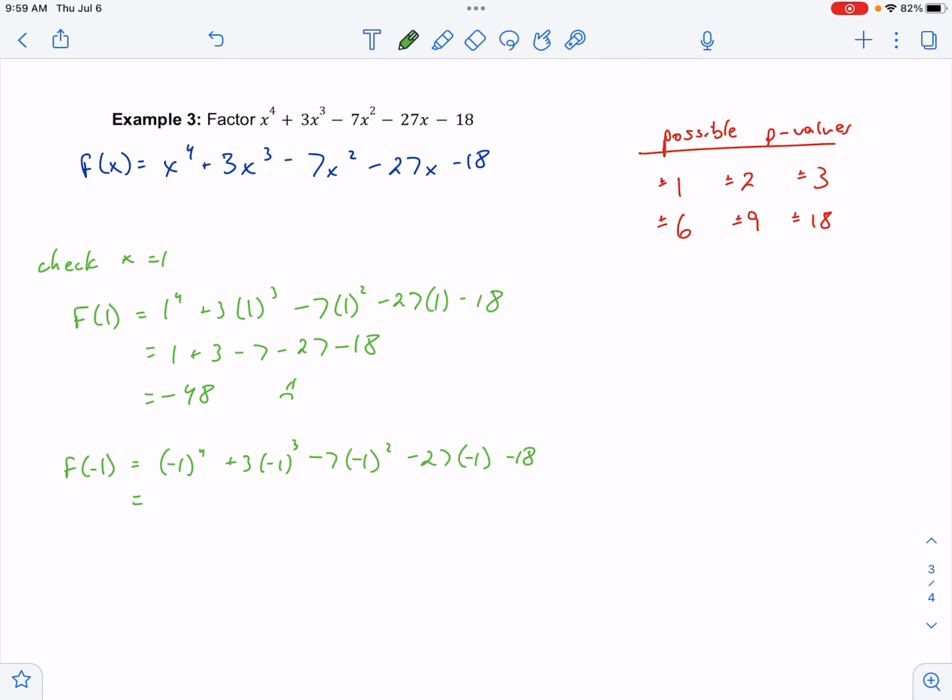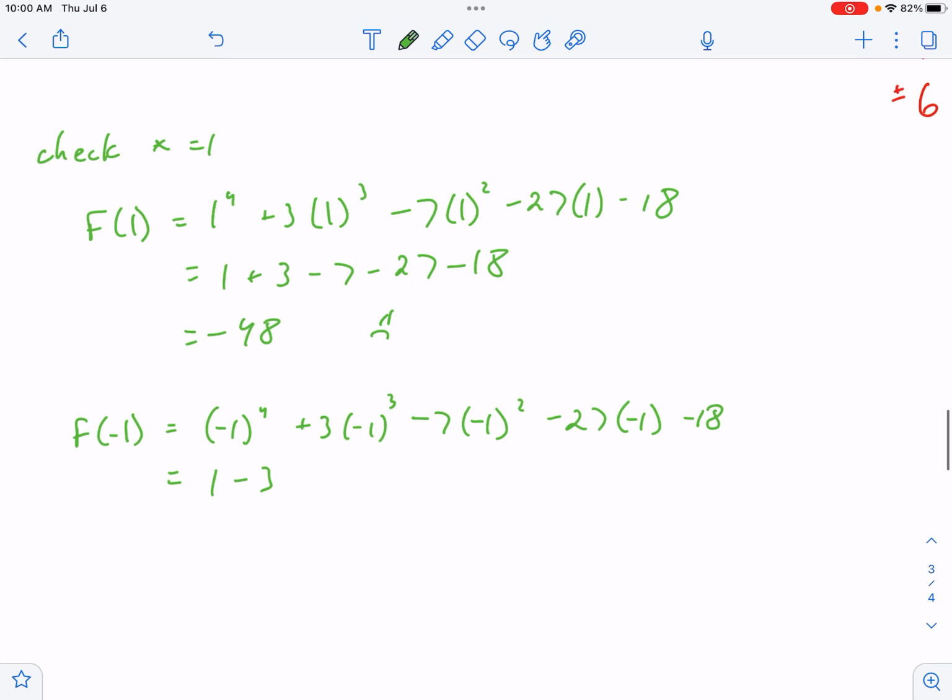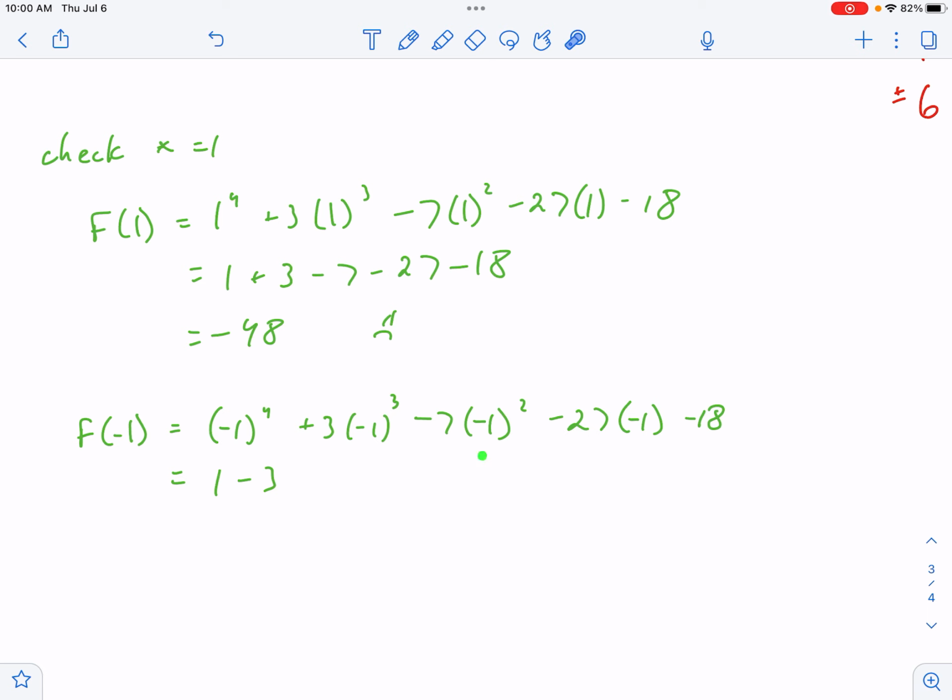Okay, let's try negative 1. Okay, negative 1 to the 4 will be 1. Negative 1 to the 3 will be negative 1 times 3 will be negative 3. Negative 1 squared will be positive 1 times negative 7 will be negative 7. Negative 27 times negative 1 will be positive 27, and then I still have a minus 18.